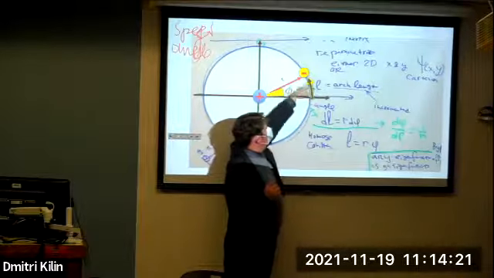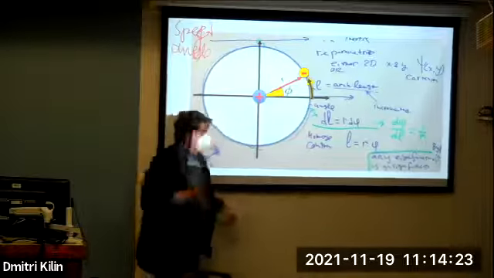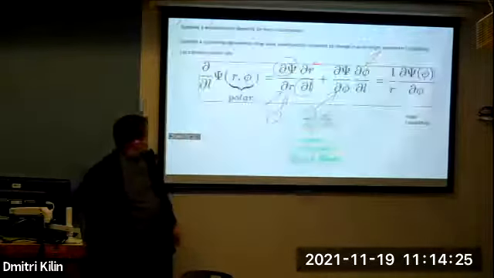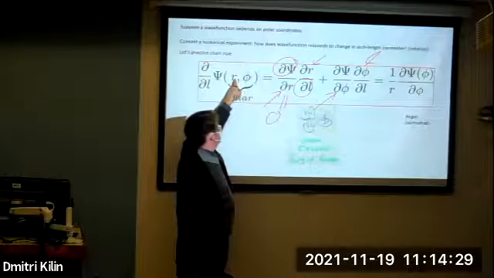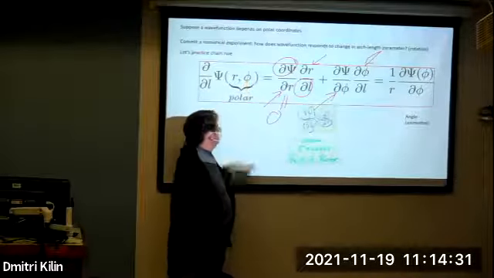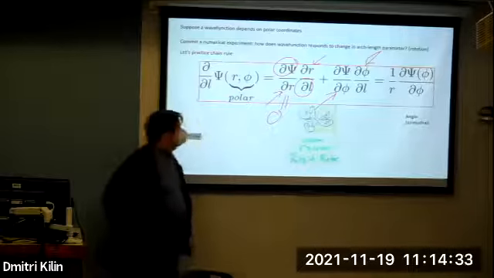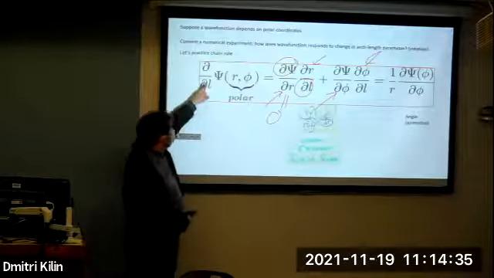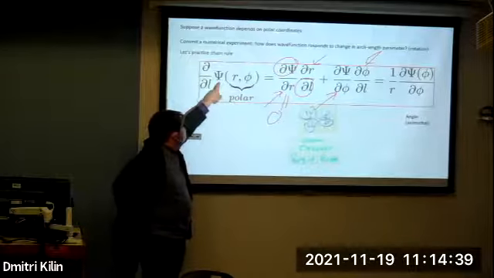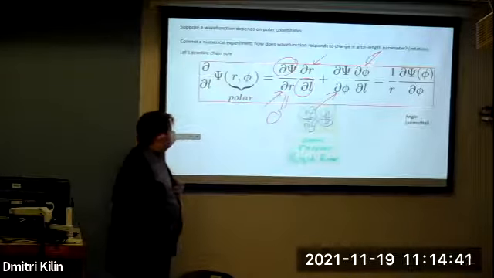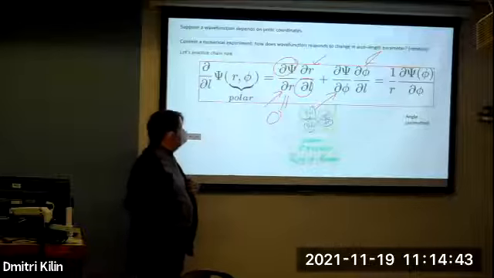With angle, it accumulates arc length. And if we set up a wave function depending on distance from center and angle in polar coordinates, and we want to explore how the wave function is changing with respect to the arc length, we practice this.